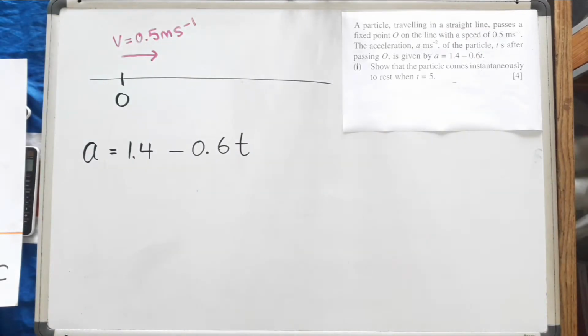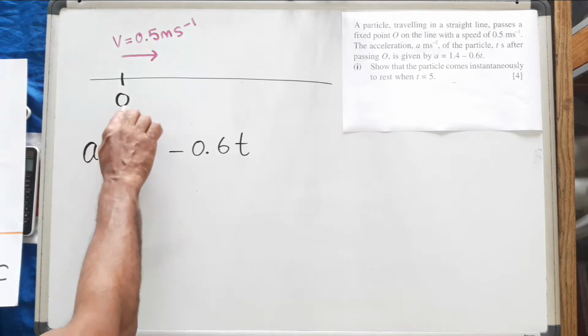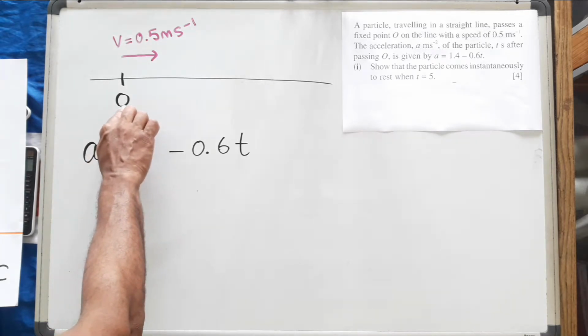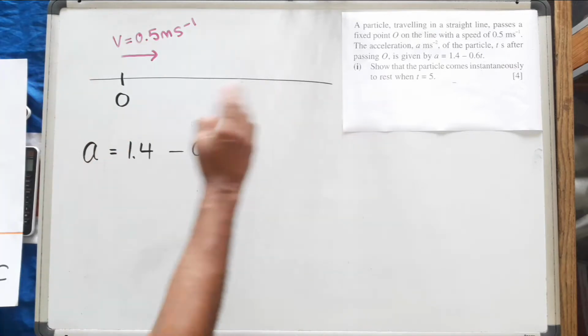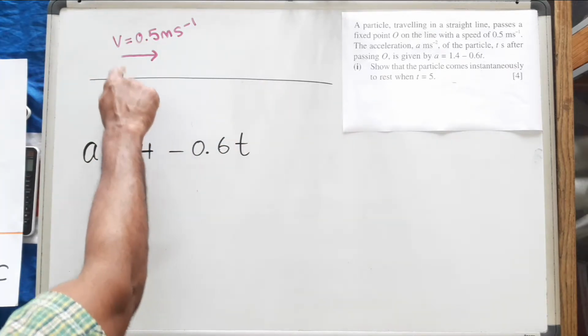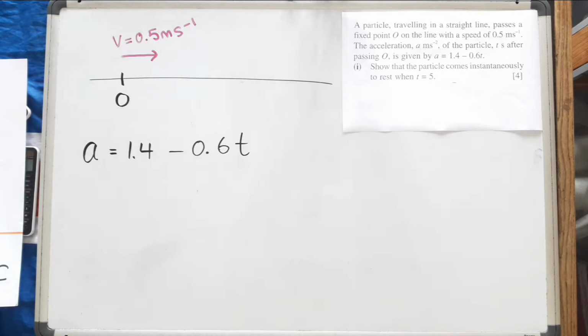I want everyone to read this first question. I kind of summarized it on the board over here on this side. What they're basically saying is that you have some point O and a particle, it could be a car, it could be a truck, whooshes past this point O at a velocity of 0.5 meters per second.